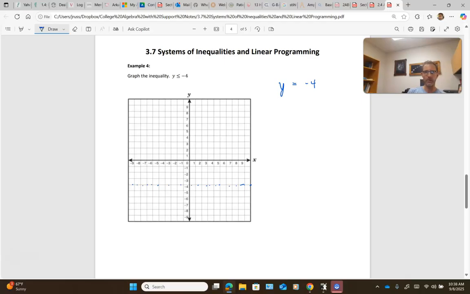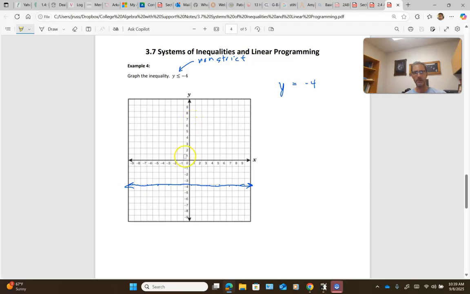Now, is this going to be solid or dashed? Well, let's look at our inequality symbol. It is a non-strict inequality symbol. So that means it'll be solid. Okay, so there's my solid line. Now where are we going to shade? Well, let's look back at our inequality. It says y is less than or equal to -4. Well, where are all the ordered pairs that have y coordinates that are less than -4 going to be?